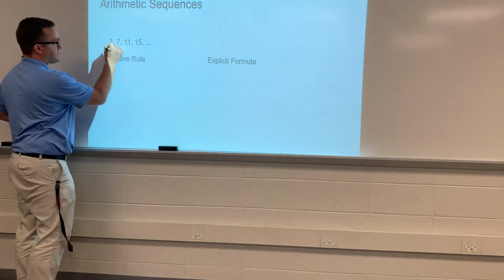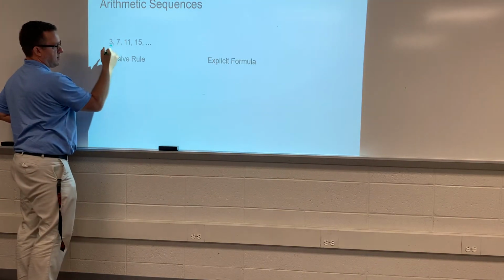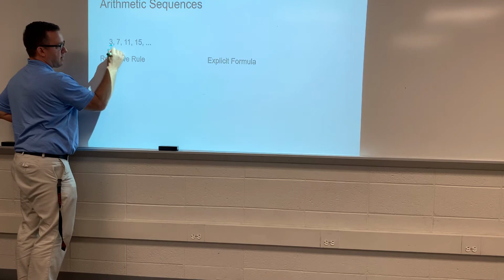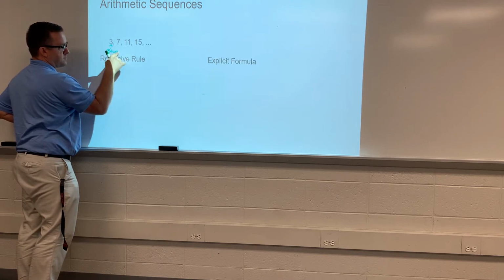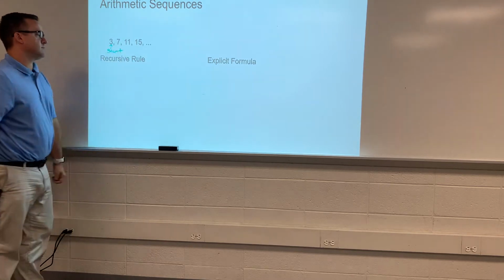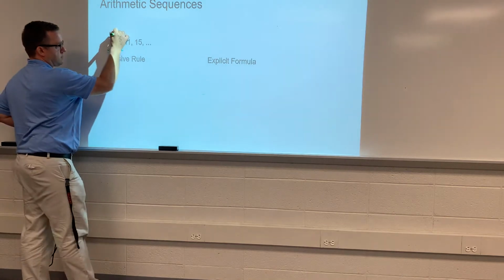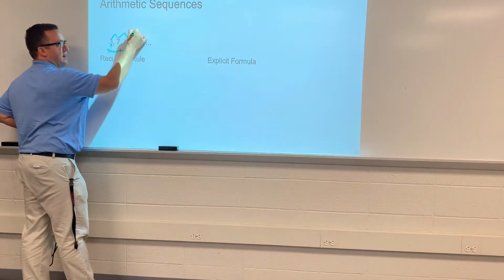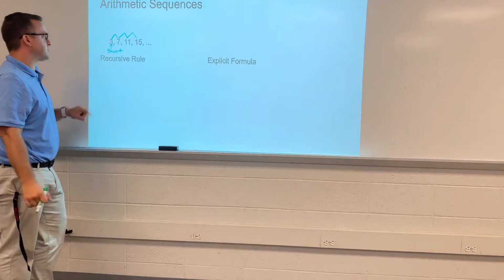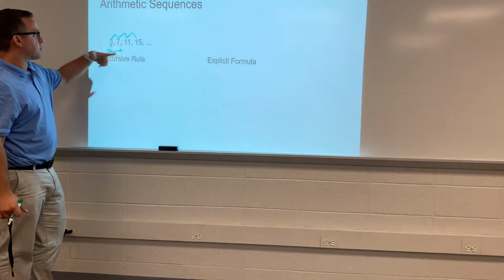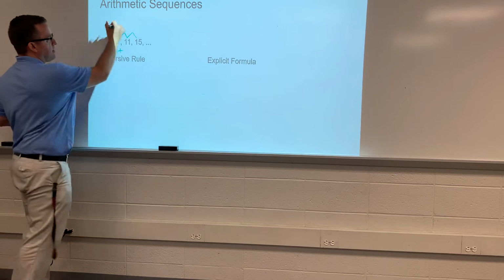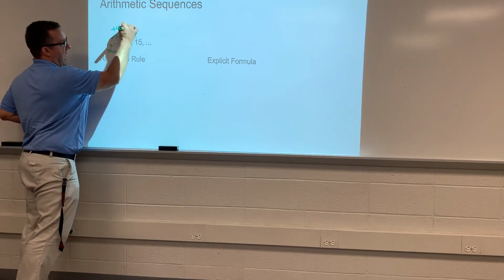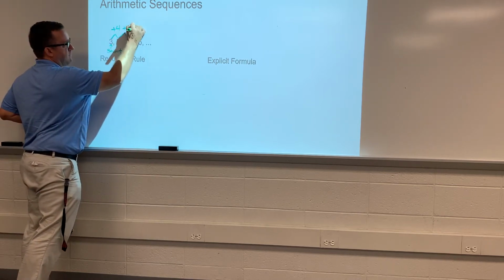So I notice here that I start at the number 3. And then every time I'm looking, I either add or I can subtract as well the same term. So to go from 3 to 7 or 7 to 11, I just add 4.